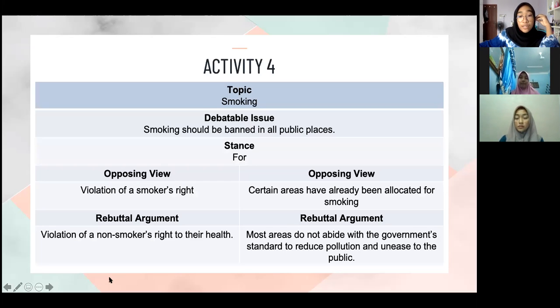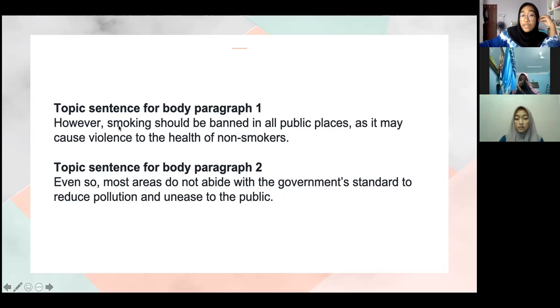Okay, just now I use however, and for the second sentence for the paragraph 2, I use even so. Like Farhana said, even though can also use as the transition signal for this topic sentence, and this topic sentence will be located whether in the middle or at the end of the body paragraph.